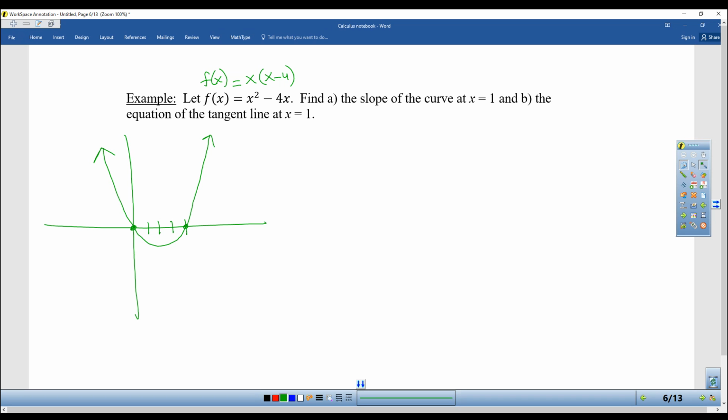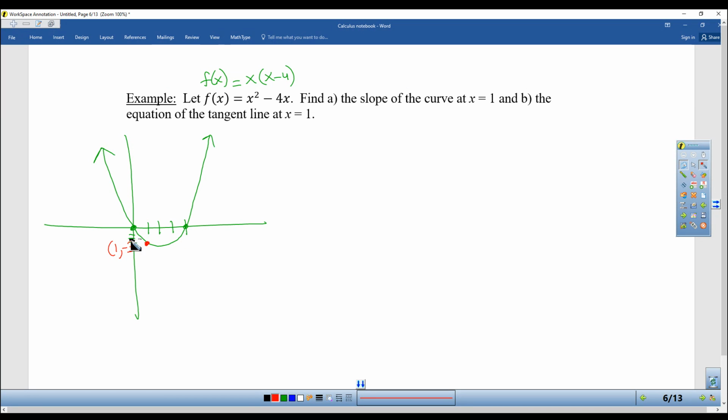Do it. Find the slope of the curve at 1. So at x is equal to 1, I want to know the slope right there. So that point is 1 comma. All right, now when I actually plug a 1 in, I get -3. So I didn't make a really great graph unless I go like this. 1, 2, 3. Look at that. That is a good graph.